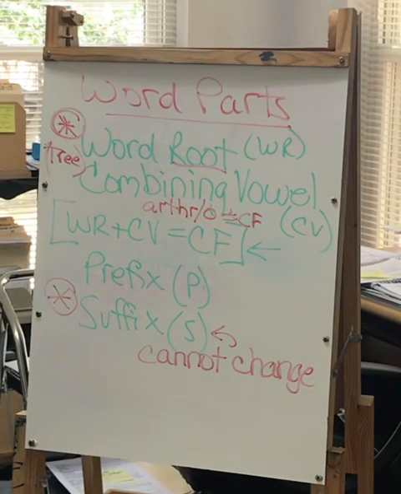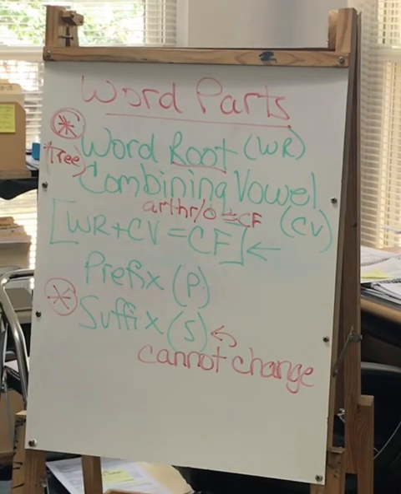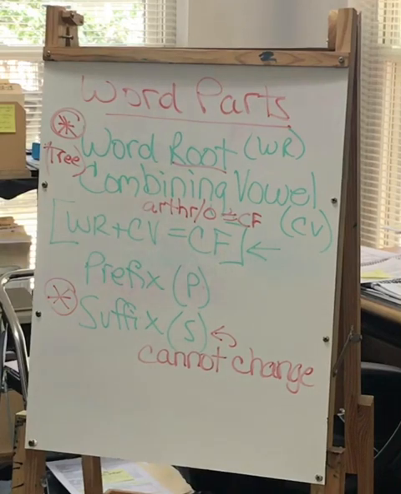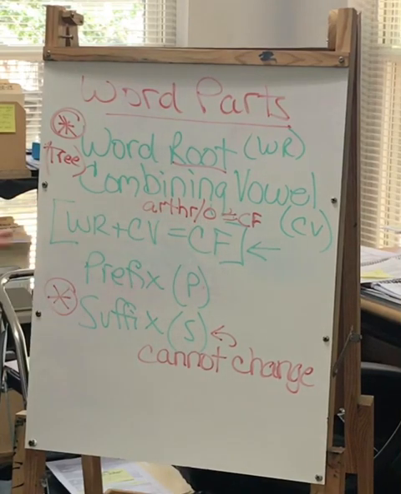You have to understand that you are not going to label it as a combining form in every single medical term unless both a word root and a combining vowel are used. But that doesn't always happen. Sometimes you don't need the vowel, and I'm going to talk about that in a second.